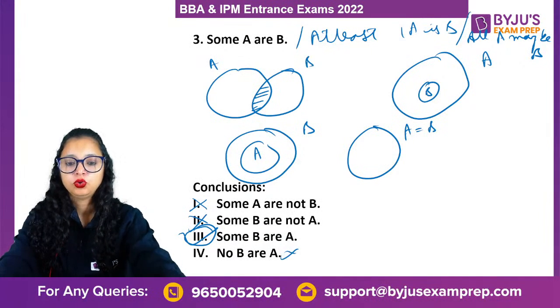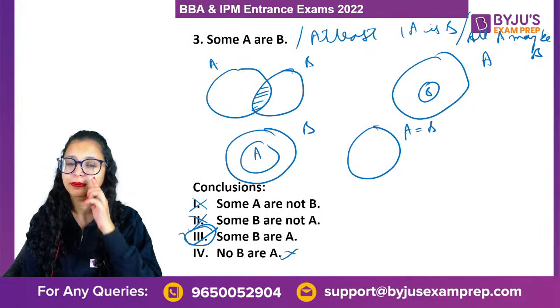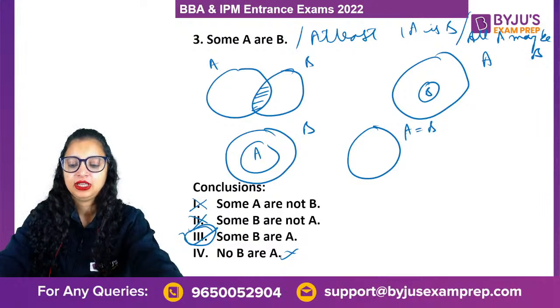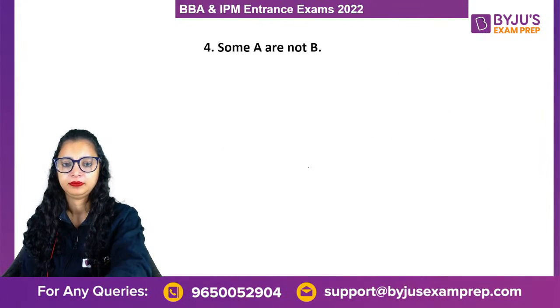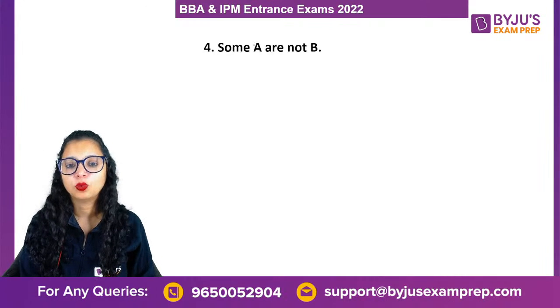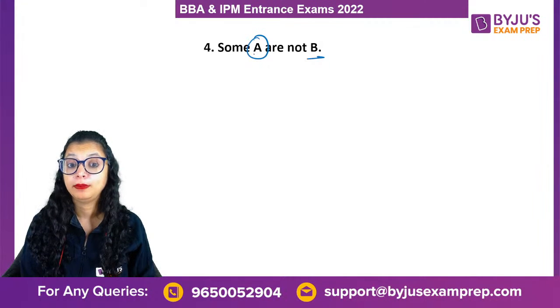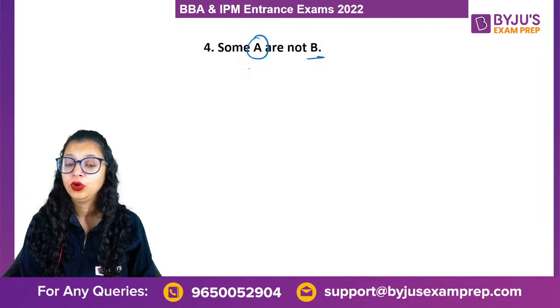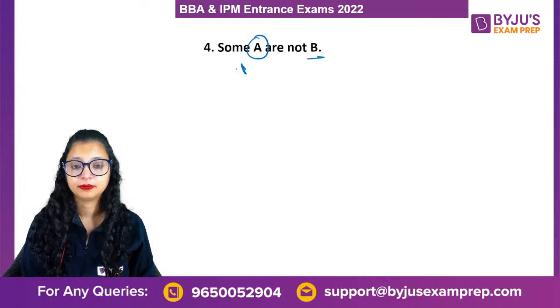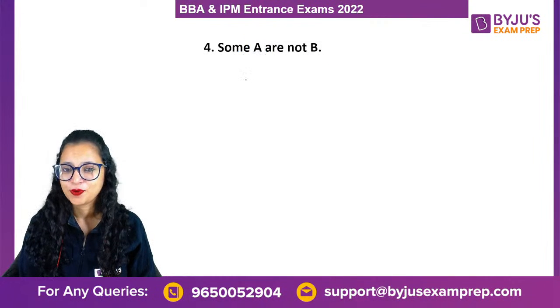Now let's go to our last set of premise, and then we'll be combining the premises. So the last set is here. Some A are not B. This is tricky, everyone. It means at least one part of A has to be away from B. It can be all part of A as well. We know at least one part is away. What is the maximum number? It could be all as well. So what do we draw?